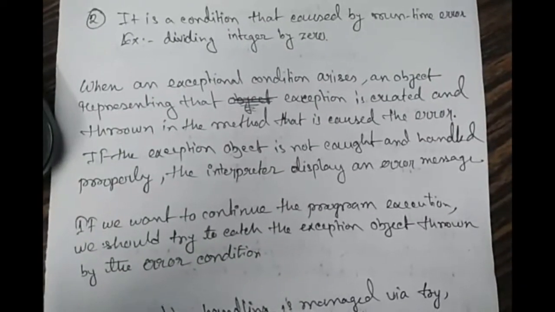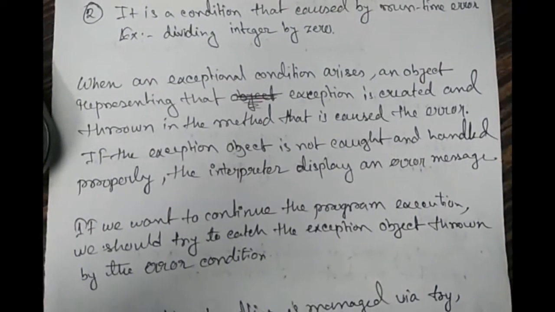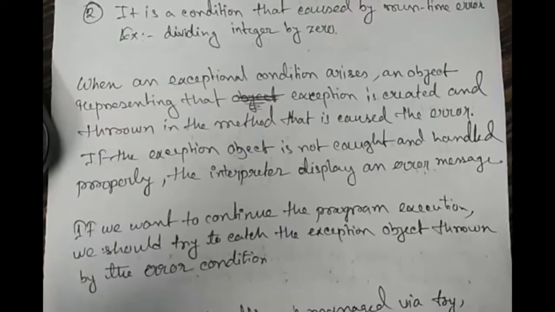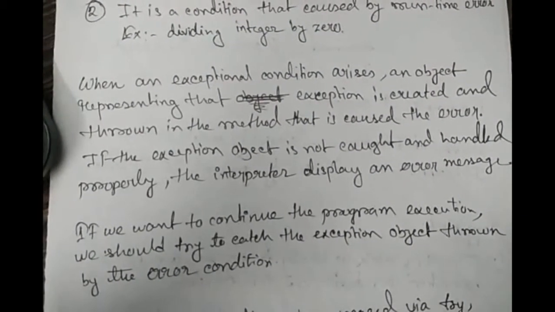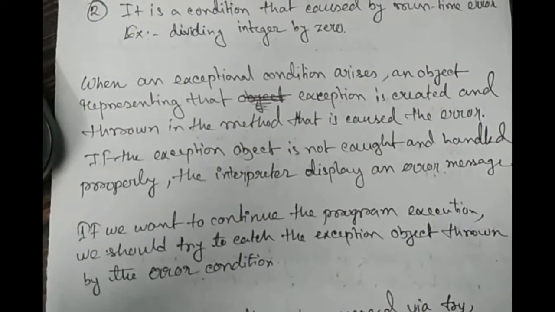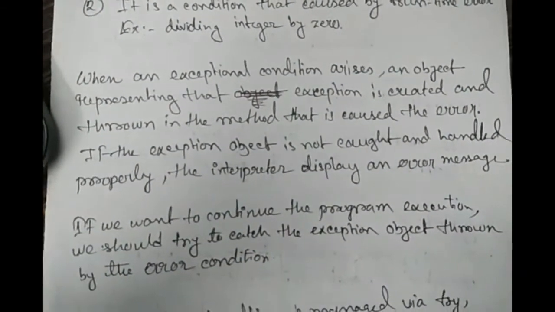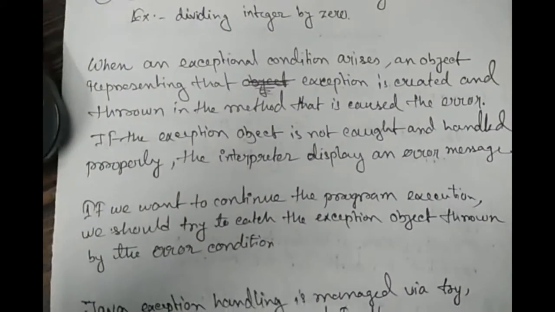Now, when an exceptional condition arises, an object representing that exception is created in Java and thrown in the method that caused the error. If the exception object is not caught and handled properly, the interpreter displays an error message.